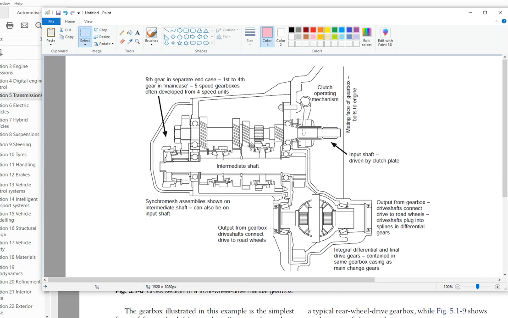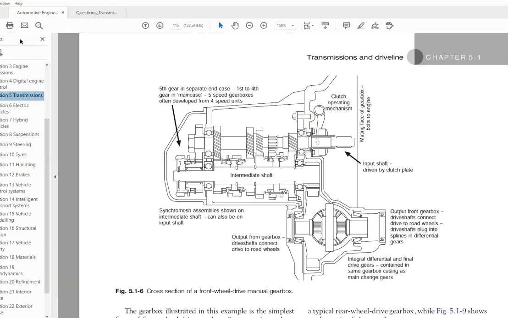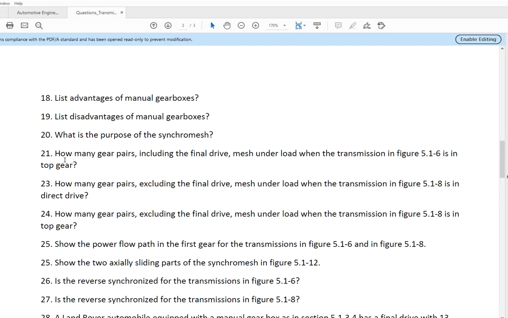This is a 5 plus reverse transmission, and the question was for the top gear. Okay, so let's look at top gear.